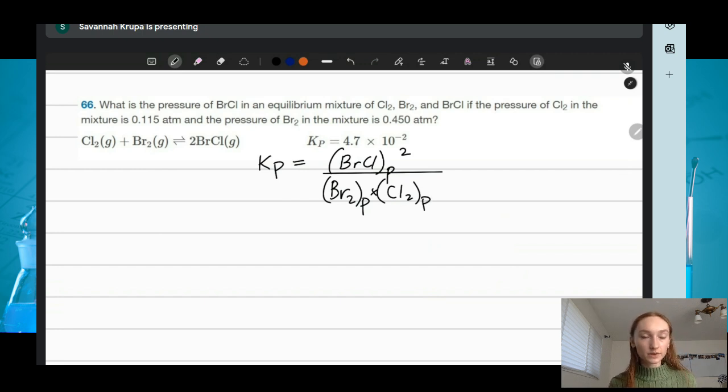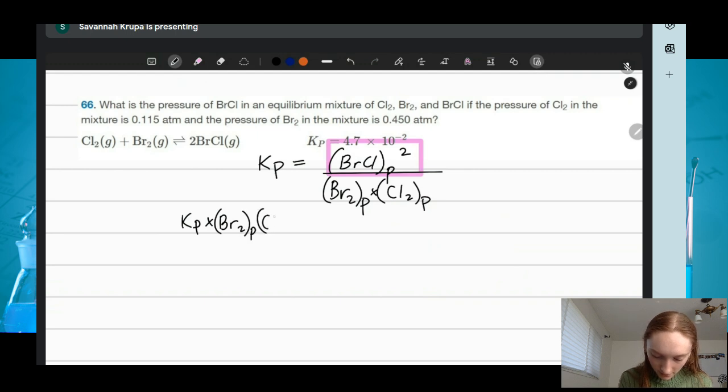And so since we have to solve for the BrCl, it's going to be right here. Let us move some things algebraically around to get that isolated. So let's first multiply by this bottom term here. So we will get Kp times Br2 P and Cl2 P. And then that will be equal to BrCl P squared.